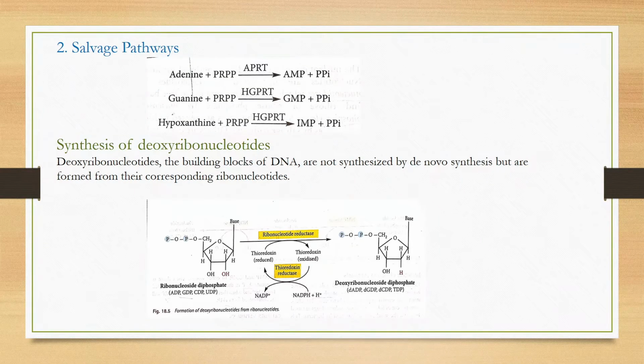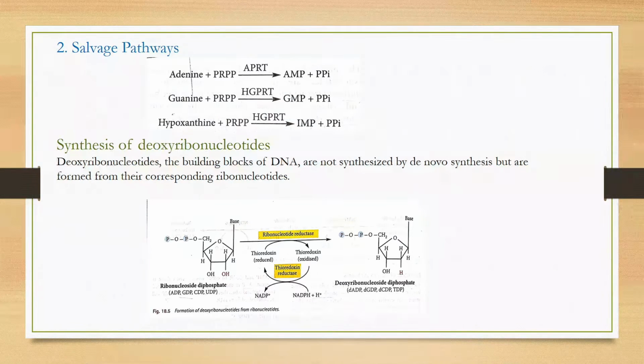In the salvage pathway, the purine bases derived from the normal turnover of nucleic acids are recycled in tissues incapable of de novo synthesis. This occurs in tissues like brain, RBC, and neutrophils, where de novo synthesis is not operative.